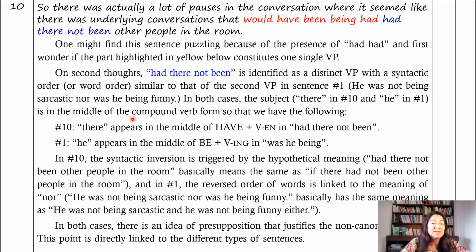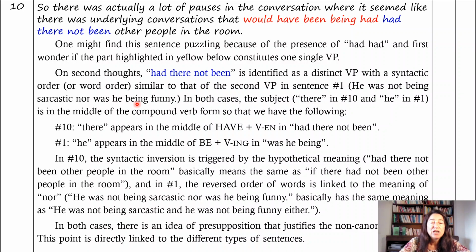And so as you can see in the book, it is explained that this is because nor makes it necessary to reverse the usual order of words, because it implies something that has already been envisioned, been made clear for the co-speakers.